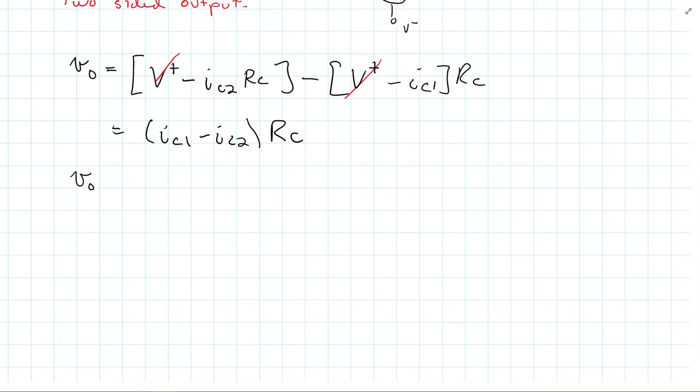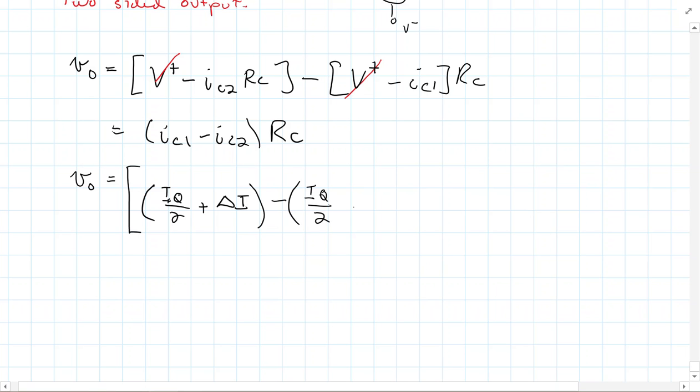So we're going to say that V out is equal to a big square bracket, IC1, which is IQ over 2 plus that delta I, because we're saying that the difference voltage VD is going to be small, minus IQ over 2 minus delta I, times RC.